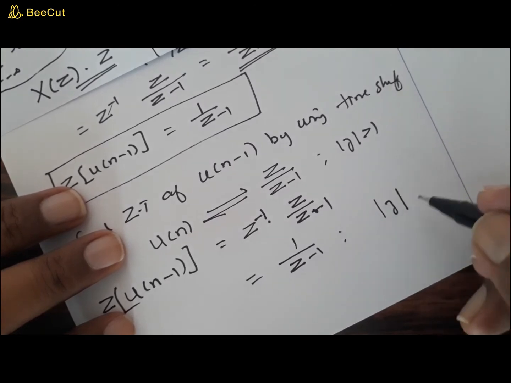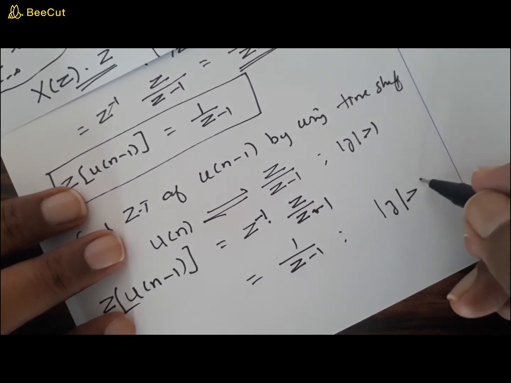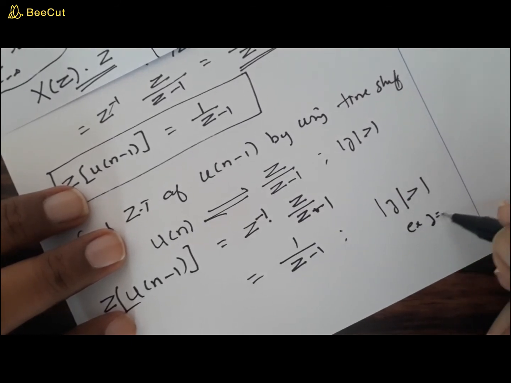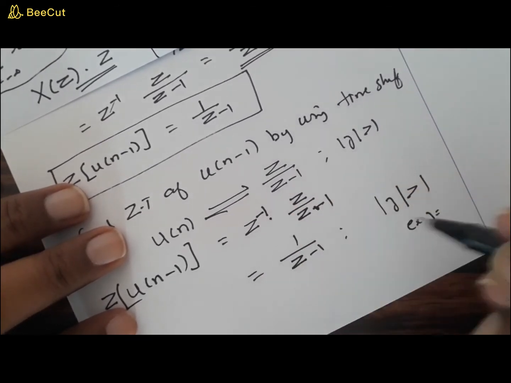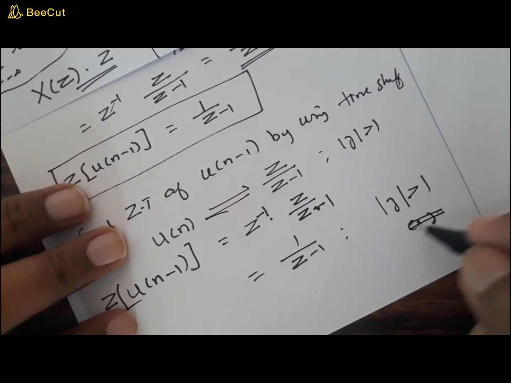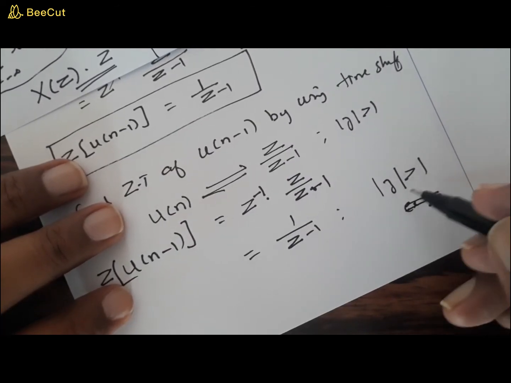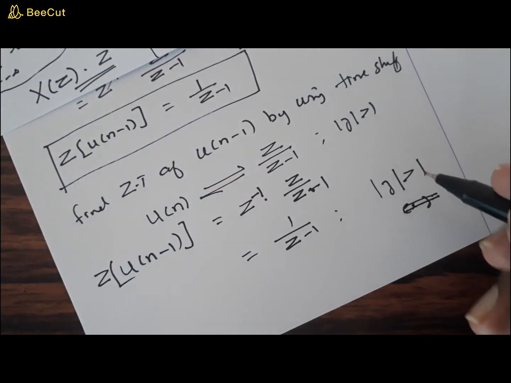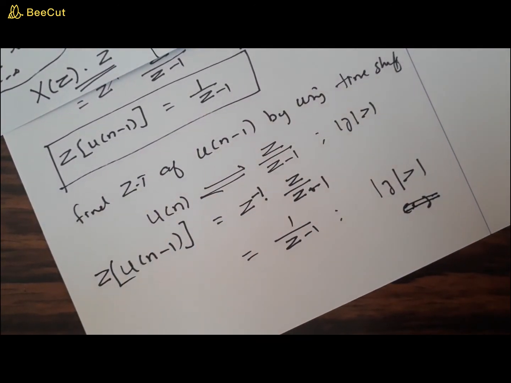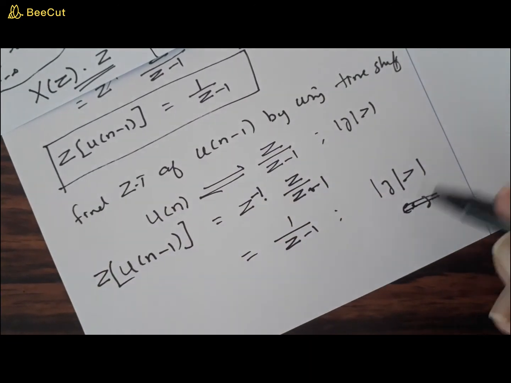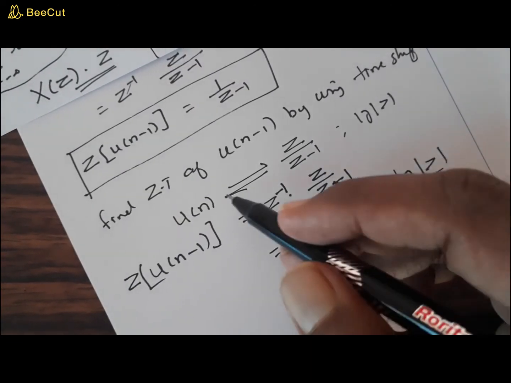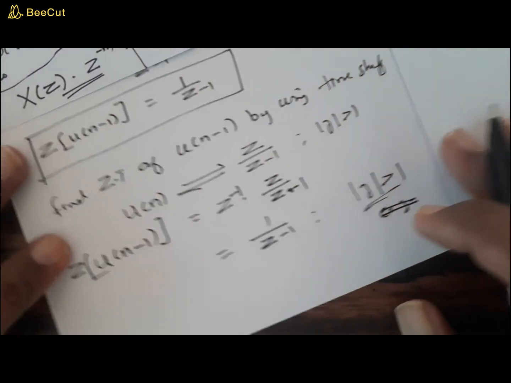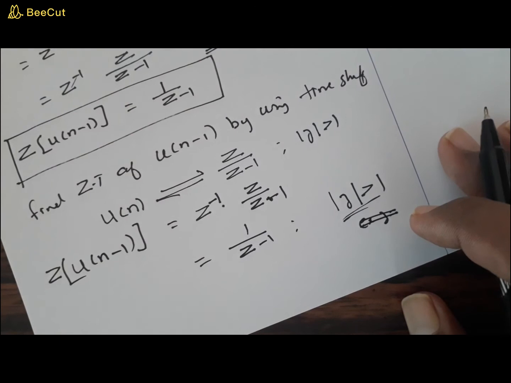The ROC will be modulus z greater than 1, except at z equal to 0, because of the term 1 by z. But you don't have to mention that, because if the ROC is modulus z greater than 1, that also excludes the point z equal to 0. So the ROC is exactly the same as that of u of n. That's how you need to apply the time shifting property.